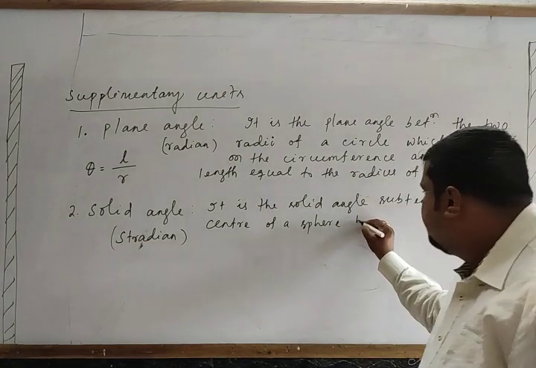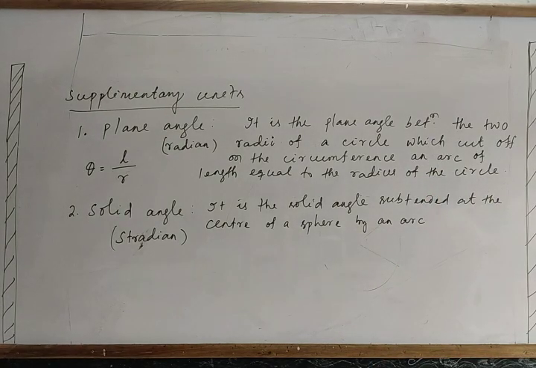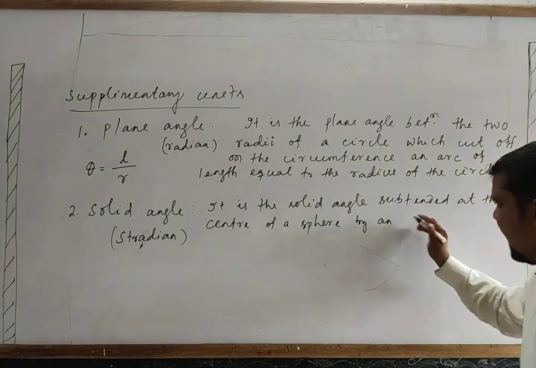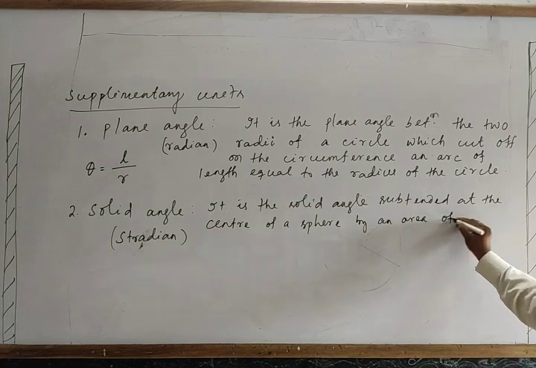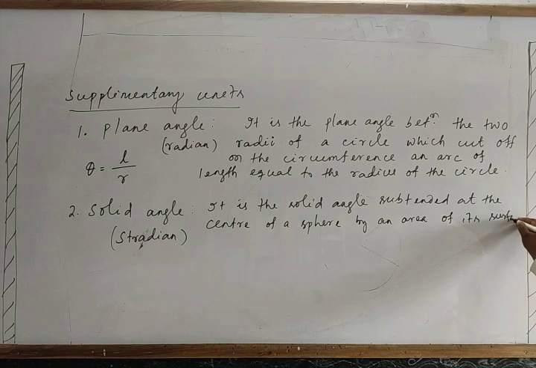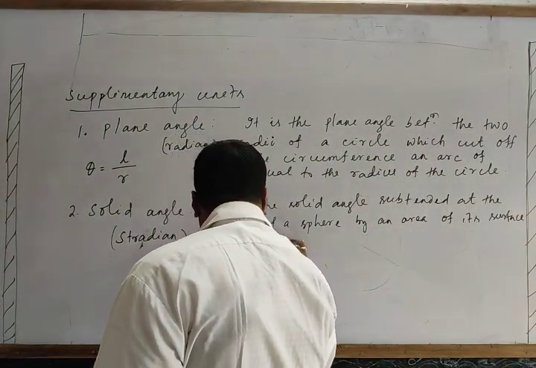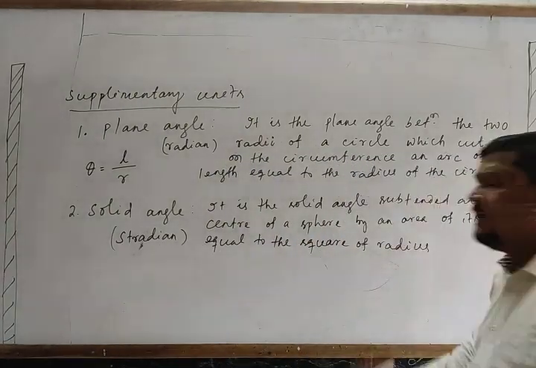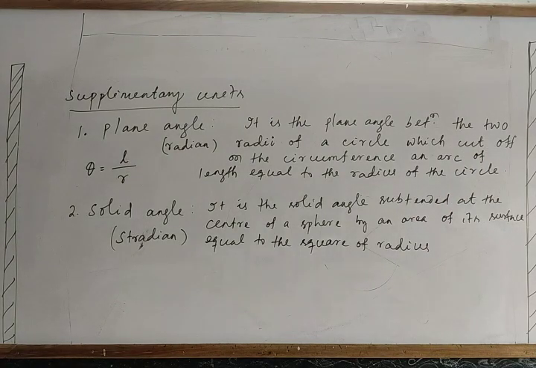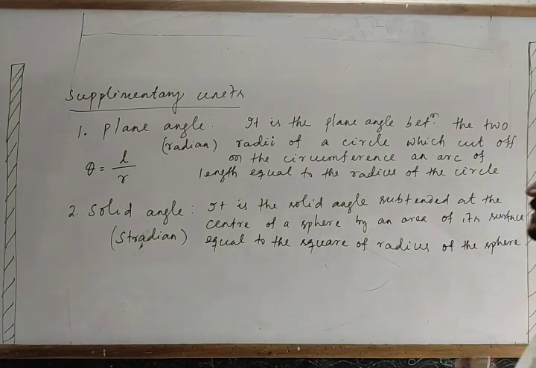by an area, not the arc, by an area of its surface equal to the square of the radius of the sphere.